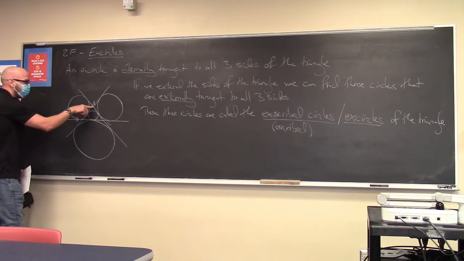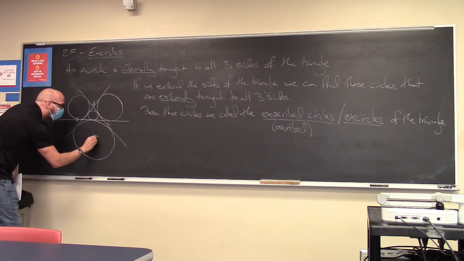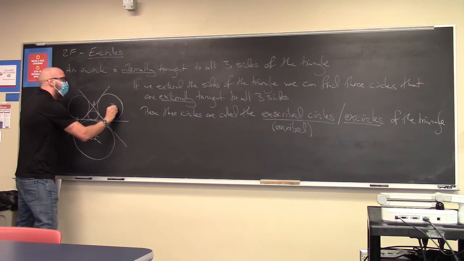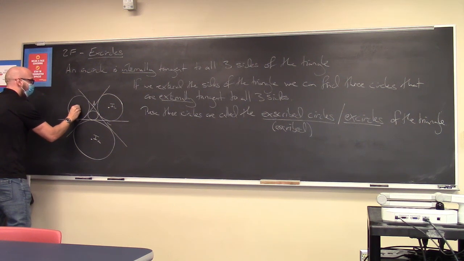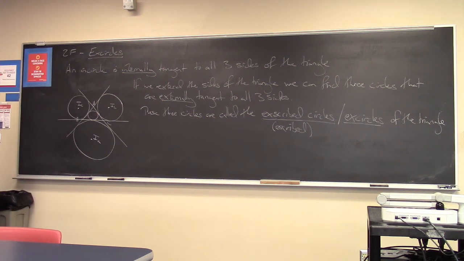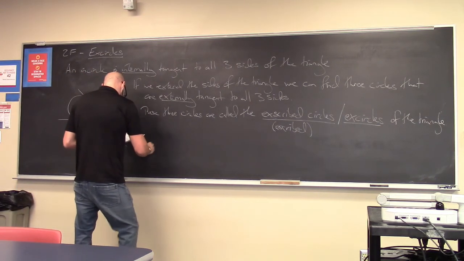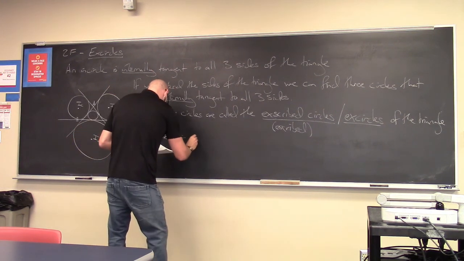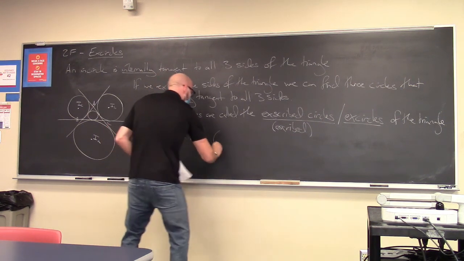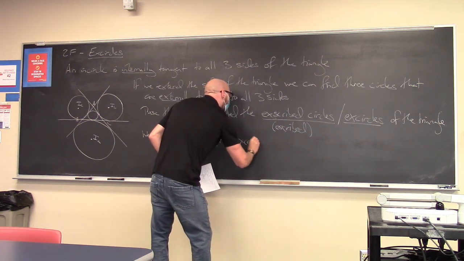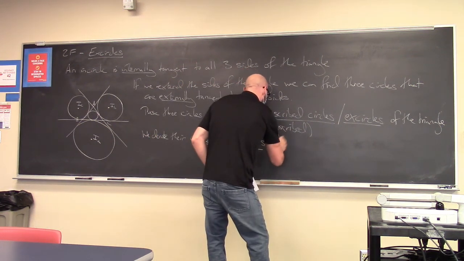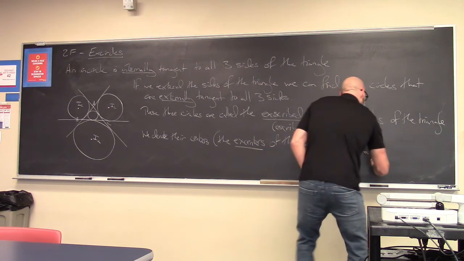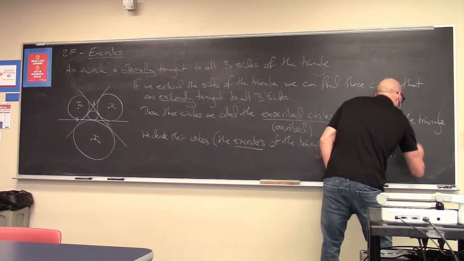So anyway, a little bit of notation. The excircle that's opposite angle A, we're going to call its center I sub A. The excircle opposite angle B, we'll call its center I sub B. And the excircle opposite angle C, its center will be I sub C. We denote their centers, the so-called excenters of the triangle, by I_A, I_B, and I_C.